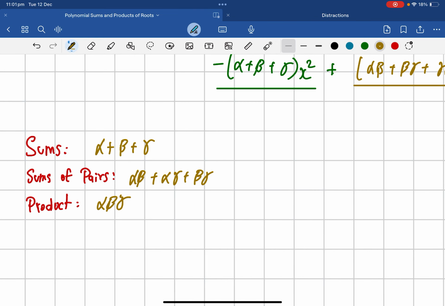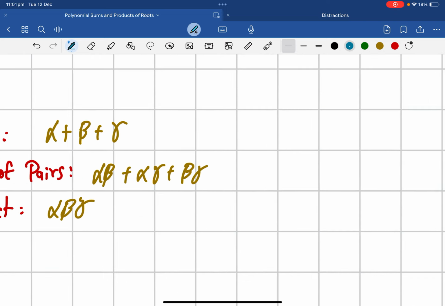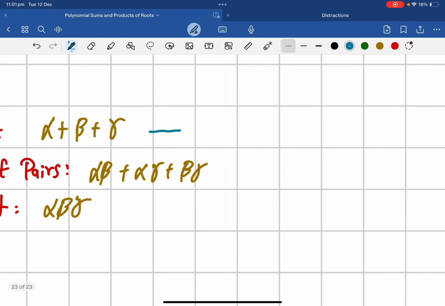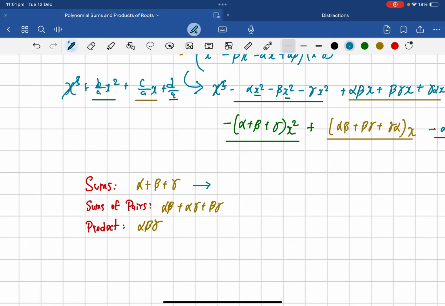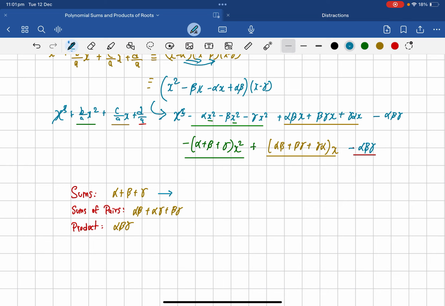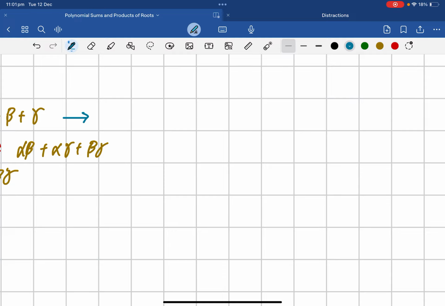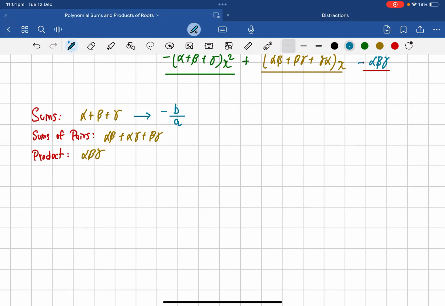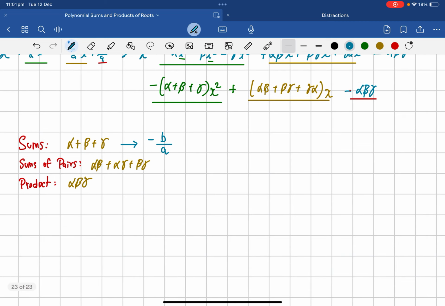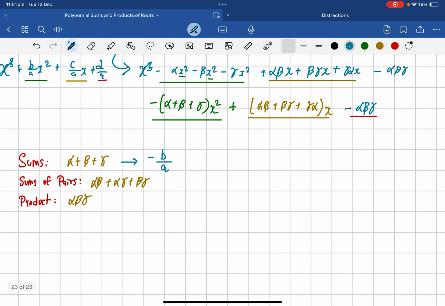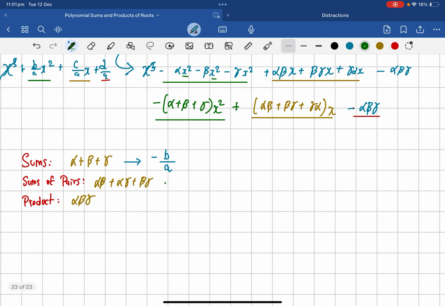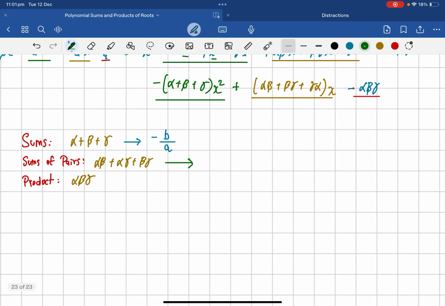Now, the tricky part comes under how you elaborate this. Because this alpha plus beta plus gamma is a sum, and if you guessed it right, you can see that alpha plus beta plus gamma is equal to minus b on a. Okay, now similarly, the sum of pairs, you can see it here, is equal to c on a. Good job, guys. You're getting the hang of it now.